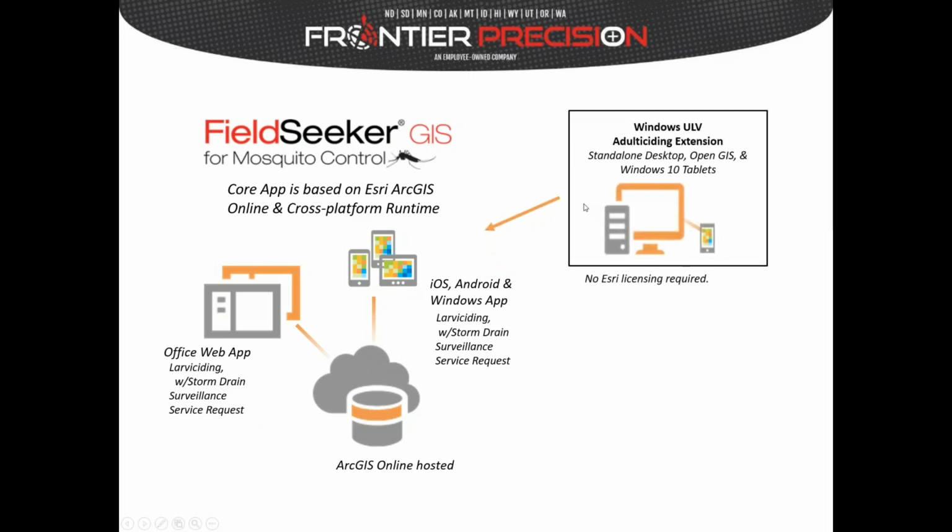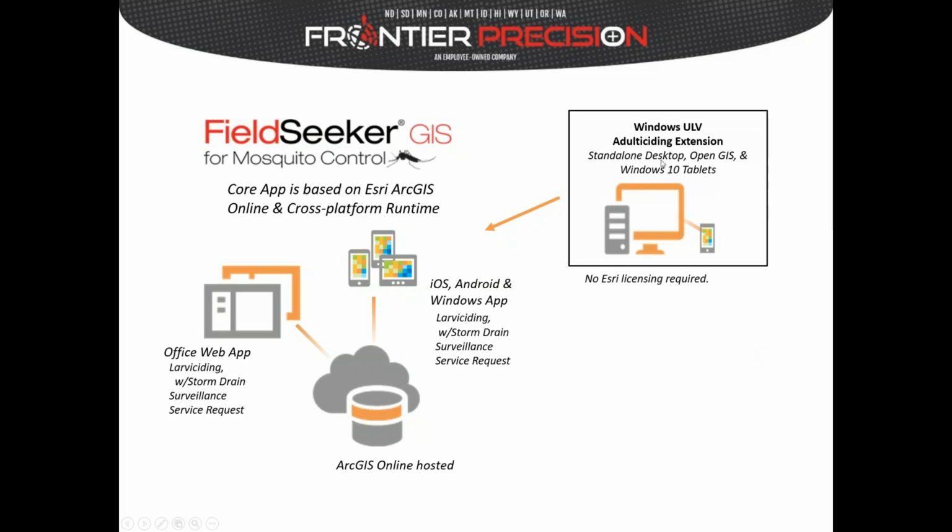Then if you want to do Windows ULV adult sighting for your truck spraying activities, you can add on this separate standalone module, or maybe you just want to do truck spraying, you can just purchase the Windows ULV adult sighting extension and not use the FieldSeeker core part.